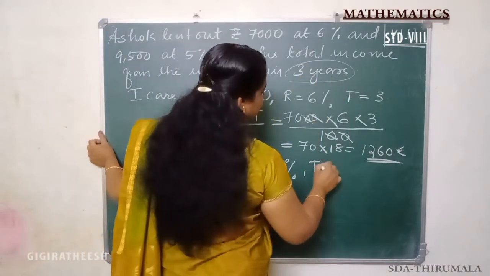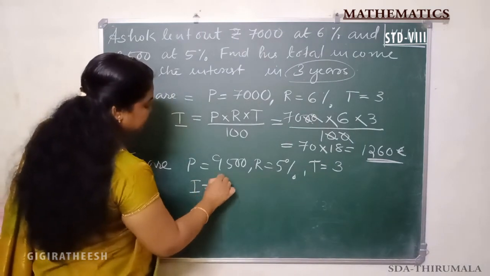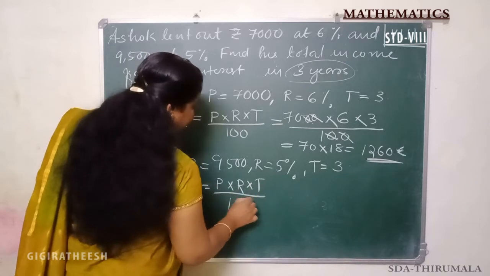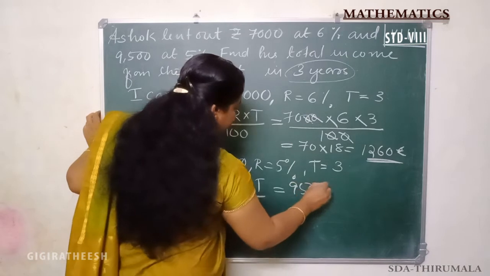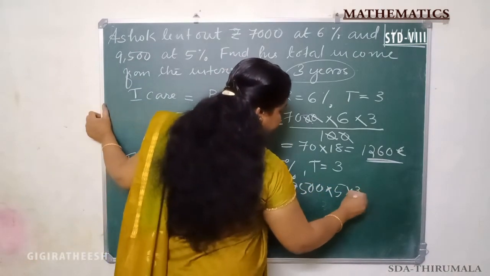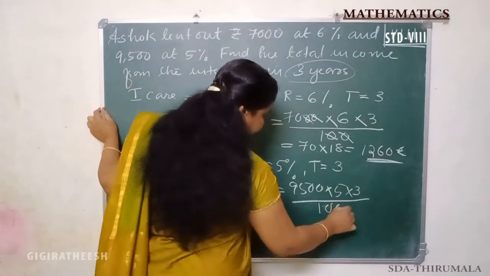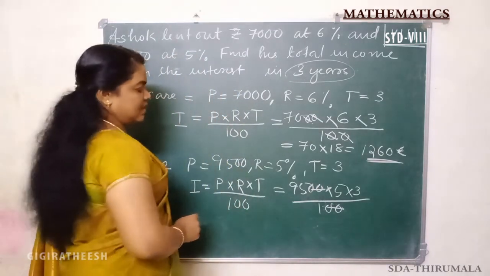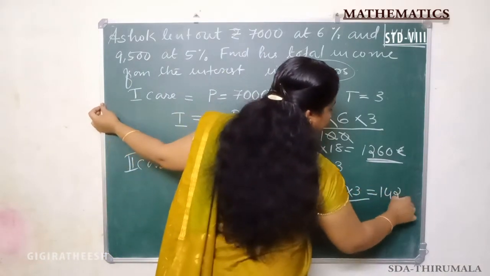I is equal to PRT by 100, that is 9,500 into 5 into 3 divided by 100. Cancelling this 2, we get 95 into 15, and the answer is 1,425 rupees.